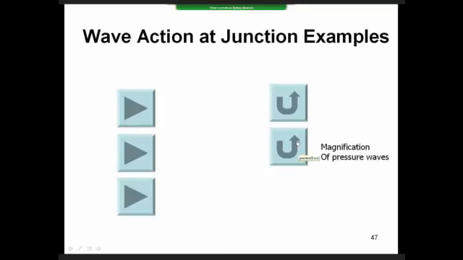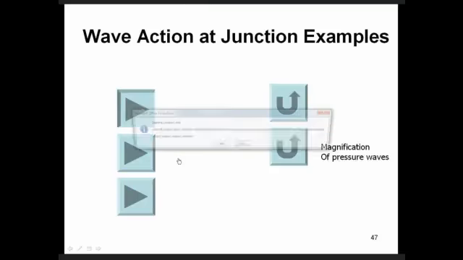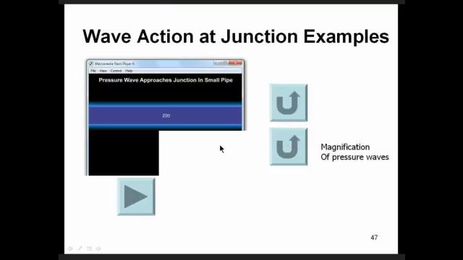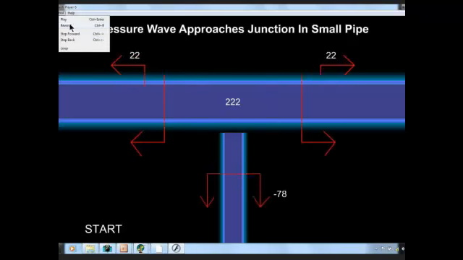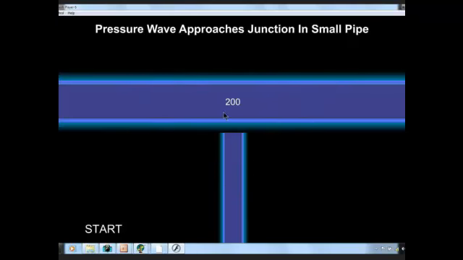Well, we have some animations here, and I just want to show you a couple of these. So here's, say, a 6-inch line going into a 12-inch line. Now, because the area of the incoming pipe is small compared to the total of the areas, we're not going to get that much of an effect.